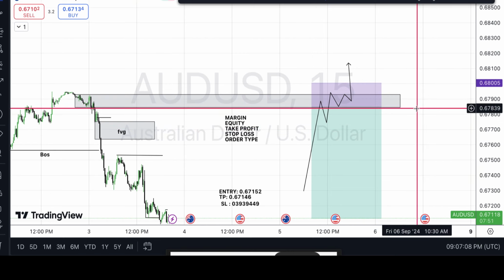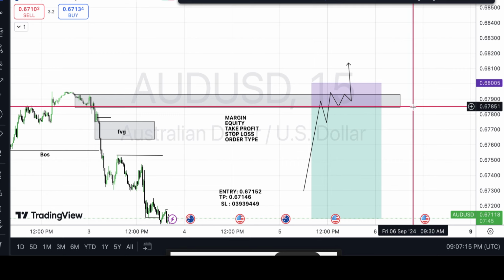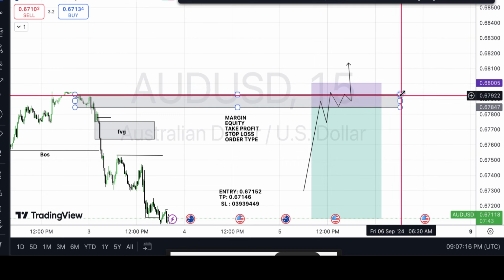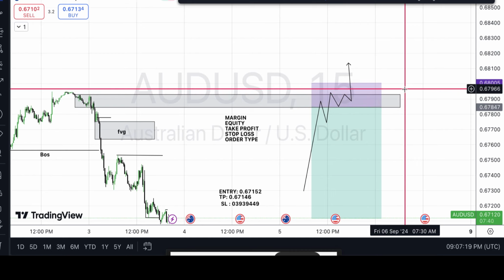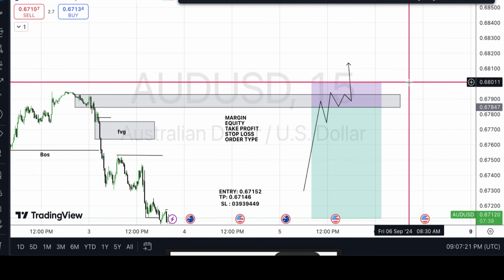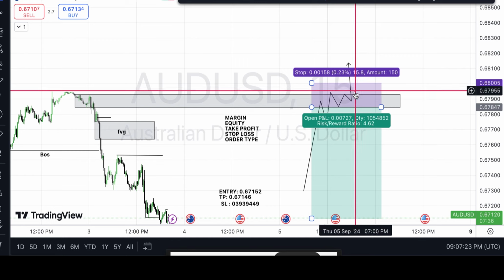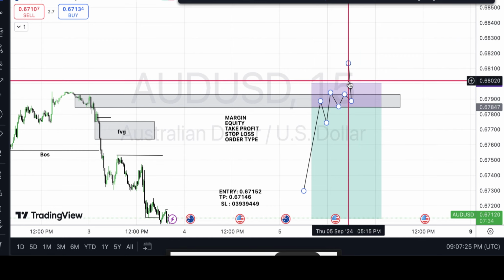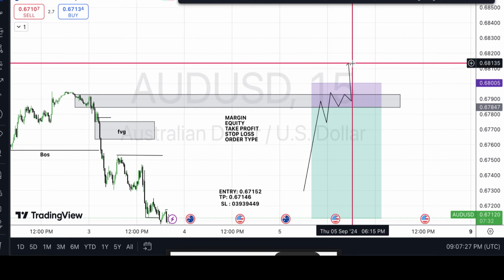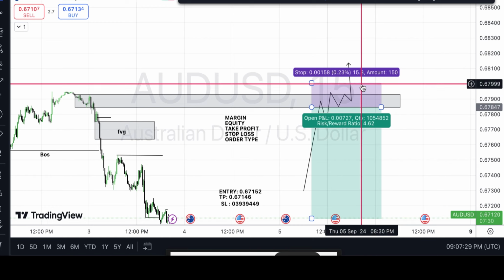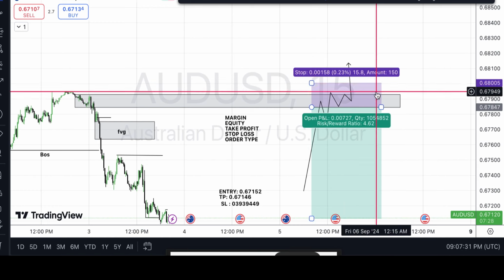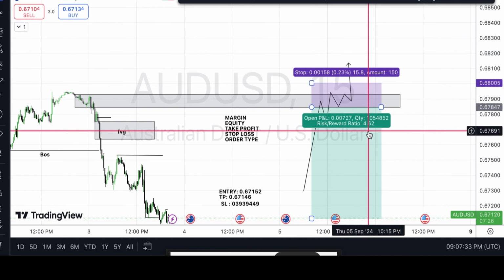And if price chooses to do anything otherwise, you will just look at what price is trying to say. That's why it is good that you always trade what you see, not what you think. So as you see that price did not respect your stop loss, you will wait and look at what it is trying to say. Then you will trade alongside what you are seeing. So that's the secret.